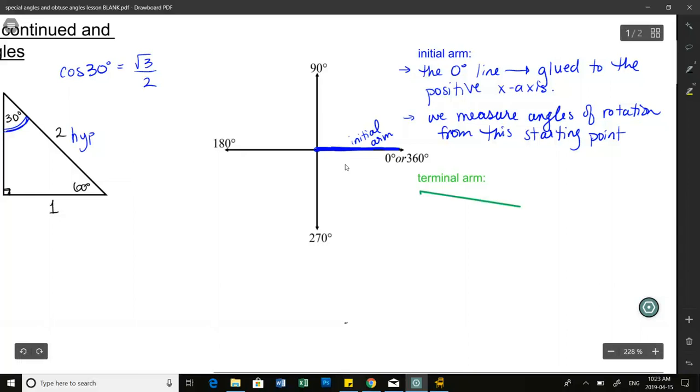So we'll say that the terminal arm is going to measure some theta, and we measure it from the initial arm counterclockwise.